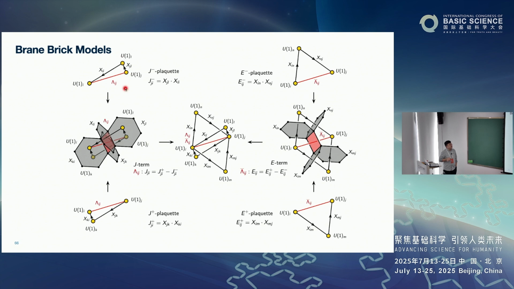They can be combined along the Fermi multiplet and its conjugate to form two binomial relations which are associated to the J and E terms of the corresponding 2D 0,2 theory. So the role here of the Fermi is not to parameterize as coordinates the associated toric variety, but rather to label where the corresponding binomial relation should be in terms of the chiral multiplets of my 2D 0,2 theory.